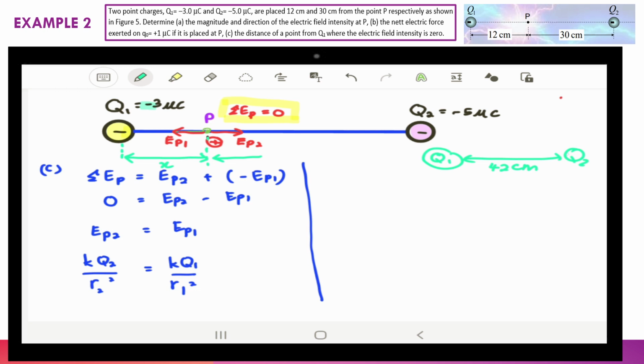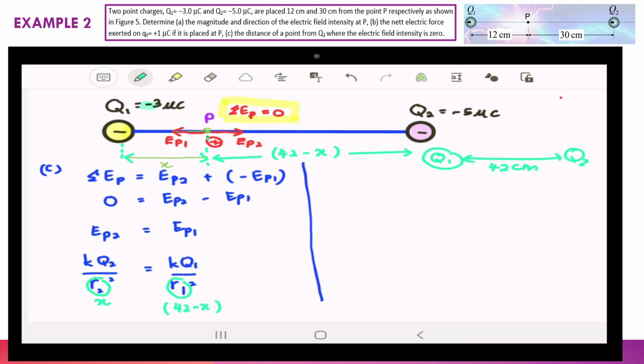So if the distance between Q1 and Q2 is 42 centimeter, here is X, and this remaining distance should be 42 minus X. So this is the trick you must know, where R1 here is X, the distance between point P to Q1, and R2 here is 42 minus X.